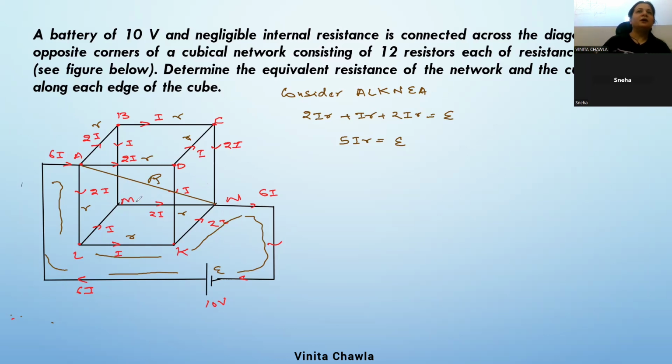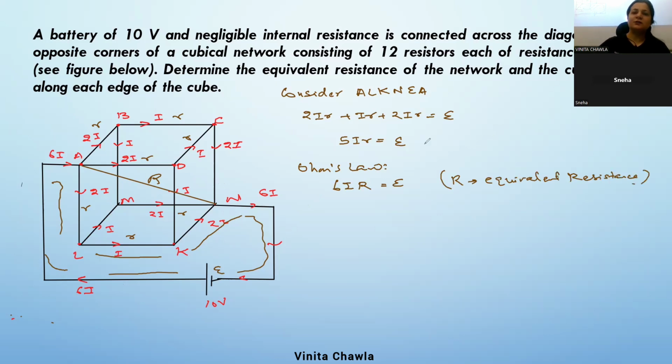How do we write current, voltage, and resistance using Ohm's law? We can write V is equal to IR. Total current is 6I and total resistance is capital R. So using Ohm's law, we can write 6I into capital R is equal to EMF, E. So we are assuming R as the equivalent resistance.